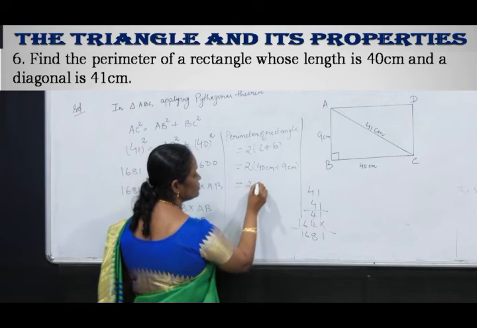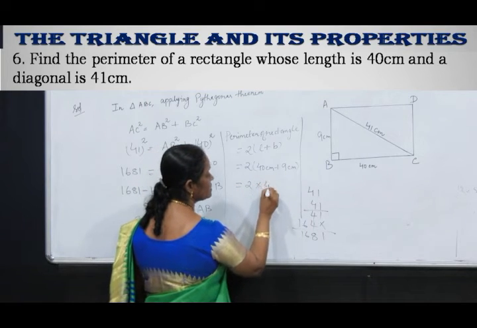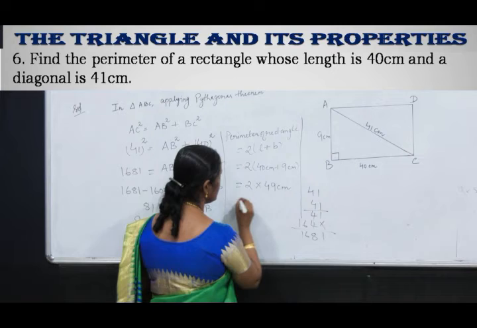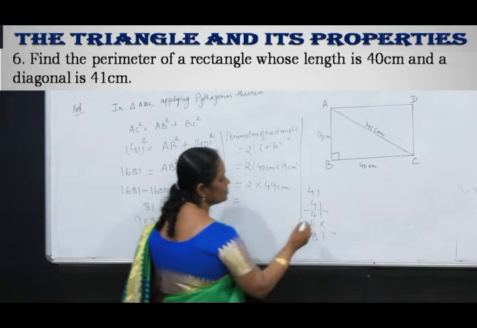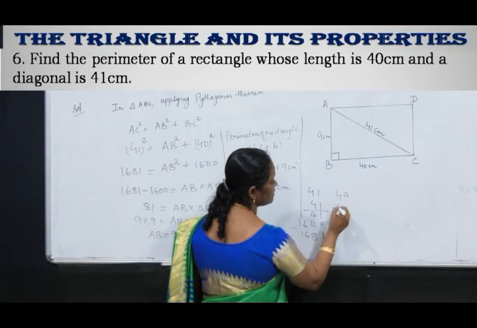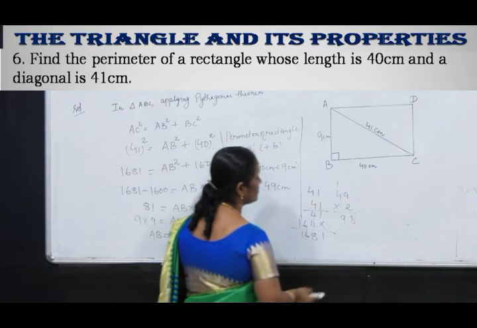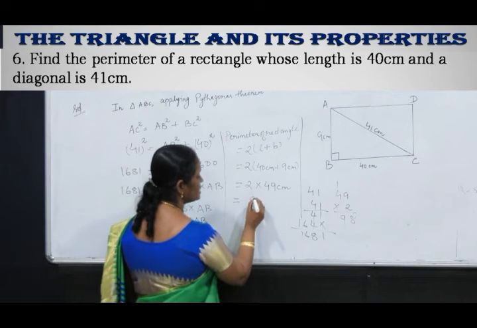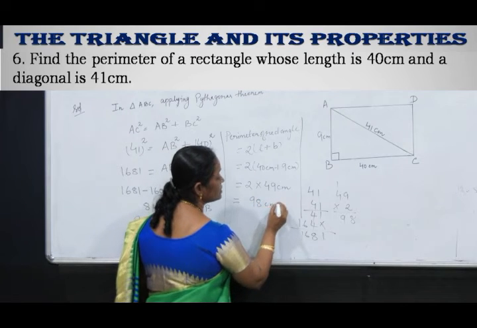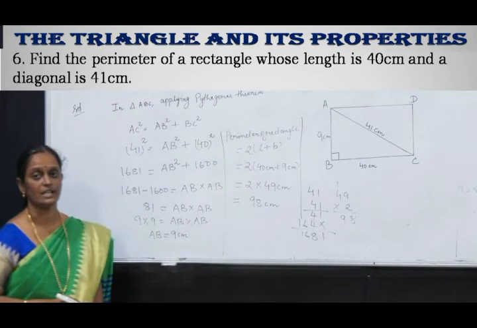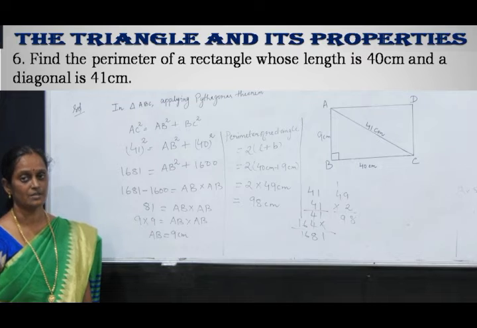So it is 2 into 49. 49 into 2: 2 9s are 18, 2 4s are 8, 8 plus 1 is 9. It is 98 centimeter. So the perimeter of the rectangle is 98 centimeter.